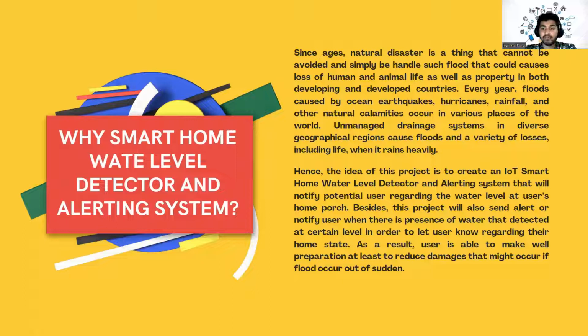Besides, this project will also send alert or notify user when there is presence of water detected at certain level in order to let user know regarding their home state. As a result, users are able to make well preparation at least to reduce the damages that might occur if flood occur at their home.